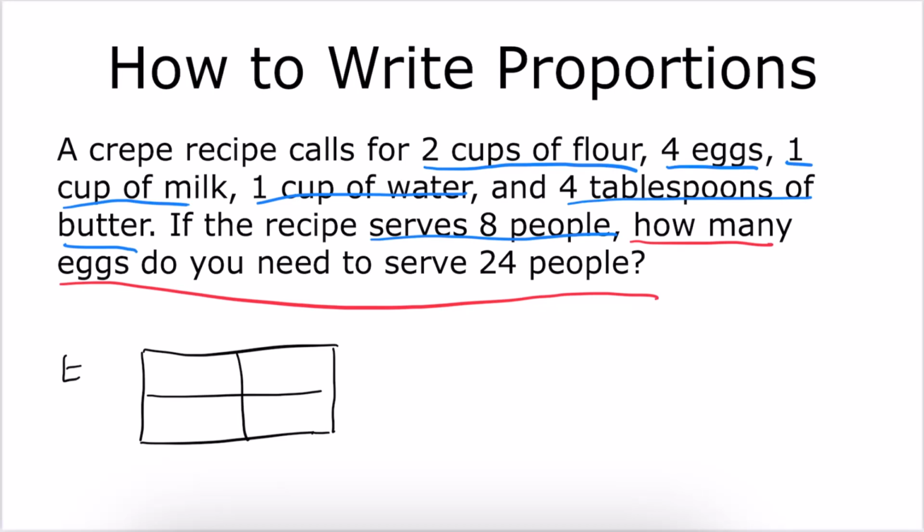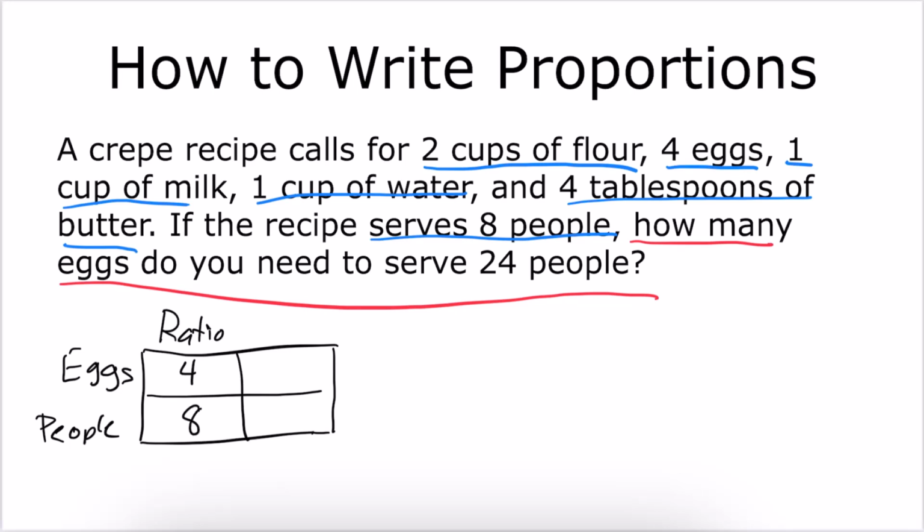The columns and rows of my table are going to correspond to the amounts of what I'm looking at. I'm going to look at the number of eggs that are needed to serve a certain number of people. I'm going to make my column represent the original amount, or the ratio that they told me. It tells me that I need 4 eggs to serve 8 people.